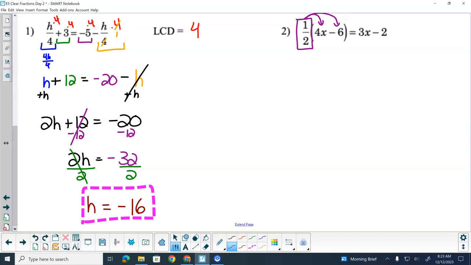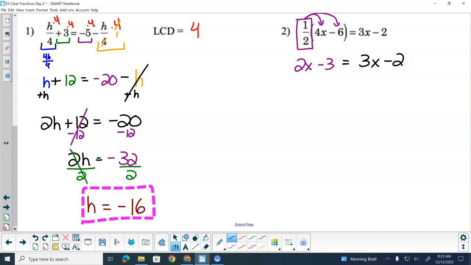Okay? 1/2 times 6. Negative 3 because it's a subtraction sign? Yep, exactly. So this becomes 2x minus 3 equals 3x minus 2.